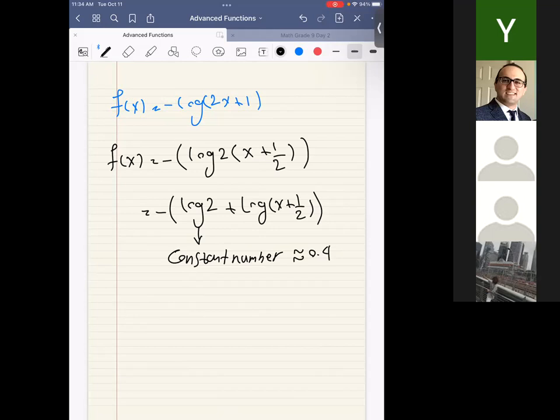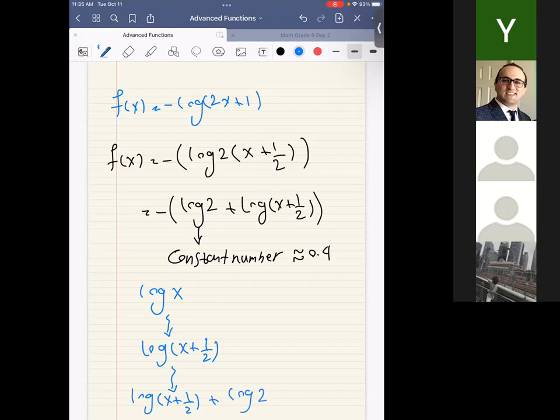So what you need to do is first draw log x and then draw log of x plus 1/2. Here you just do a horizontal transformation, 1/2 unit to the left, and then you add another constant term, log of x plus 1/2 plus log 2.